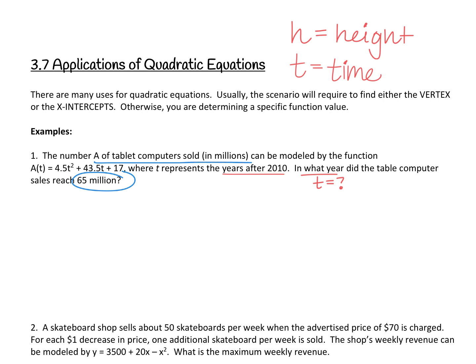So where should I put the 65, in for T or in for A? A. So you're going to do this as A of T. It's going to look a little bit crazy at first, but then we're just going to use decimals to solve it for us, okay? So 65 is equal to that really awesome equation.